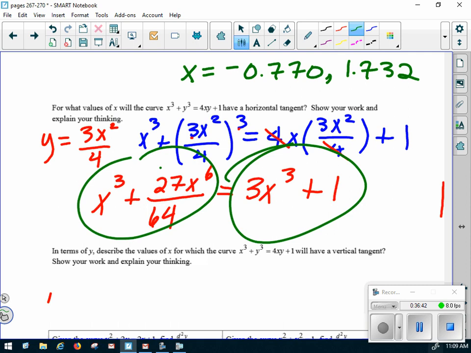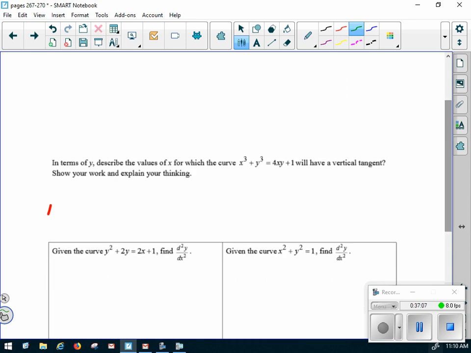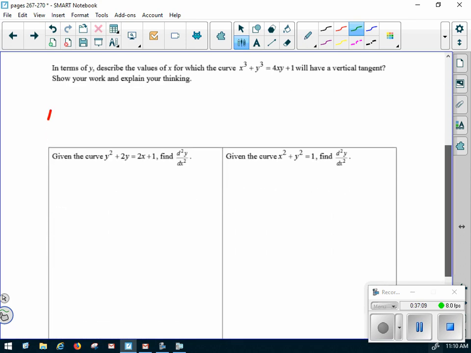Okay. Let's look at the second question. For what values of x will the curve, and we're on the same curve, have a vertical tangent?